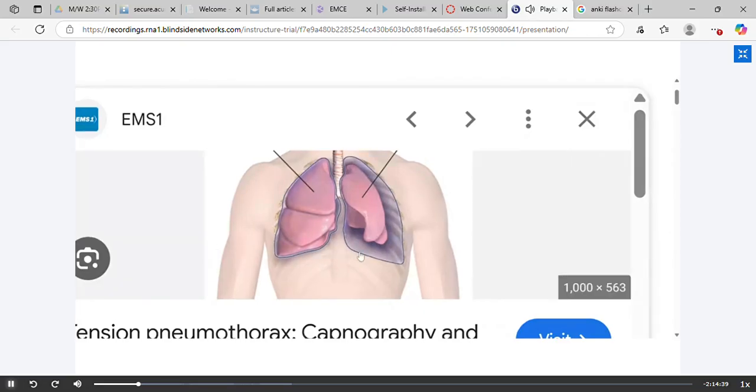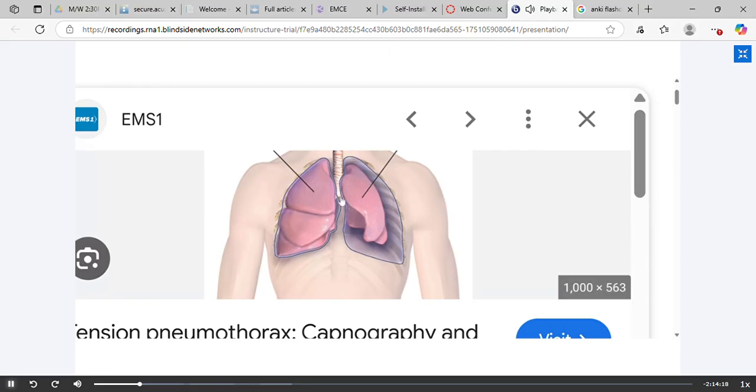Here's that pleural space. So that's where that is. So that air is accumulating in that pleural space. And remember, as that air accumulates, it's going to collapse this lung, which is where we get the term pneumothorax. It collapses the lung.